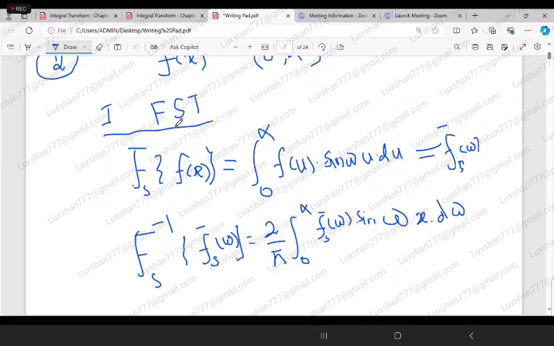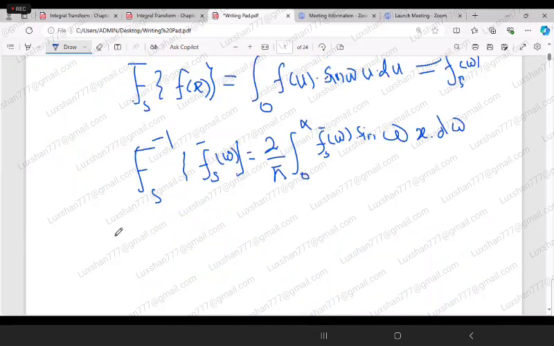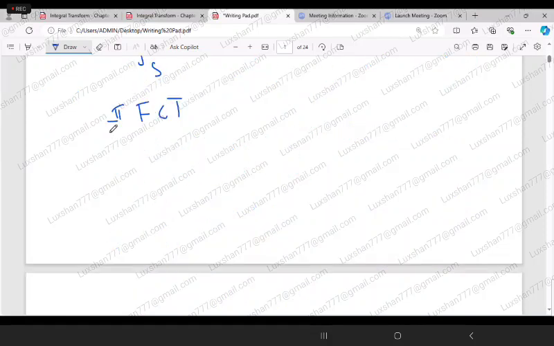So this is the Fourier sine transform. Here the range should be 0 to infinity. The second one, the Fourier cosine transform. In these cases the function need not be an odd or even function. It can be applied to any type of function.